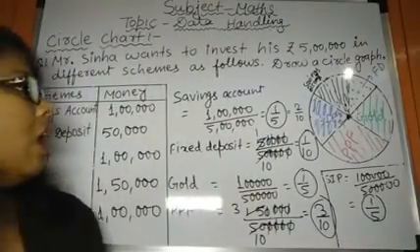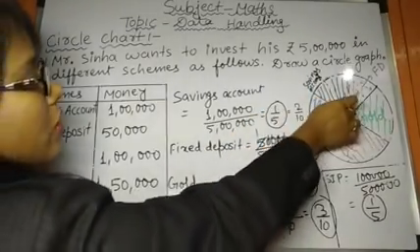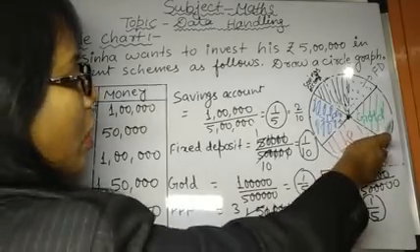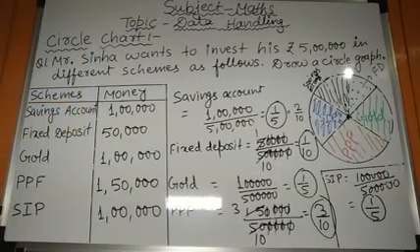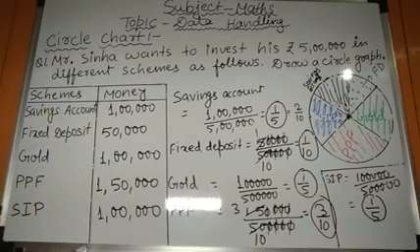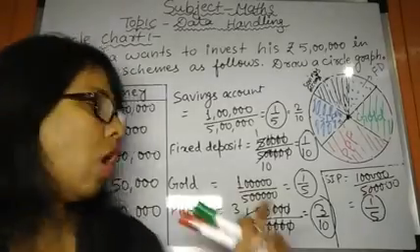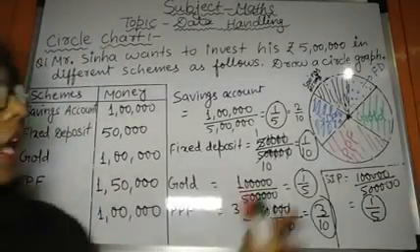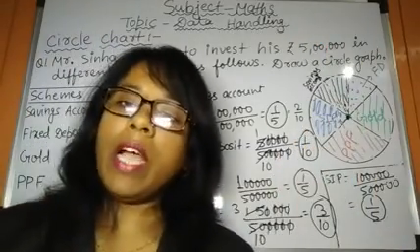Now see. The first part is the savings account, second part FD, third part gold, fourth part PPF and the fifth part SIP. Total 5 schemes are there. Total 5 lakh rupees are there. All 5 lakh rupees I have shown with the help of this pie chart.